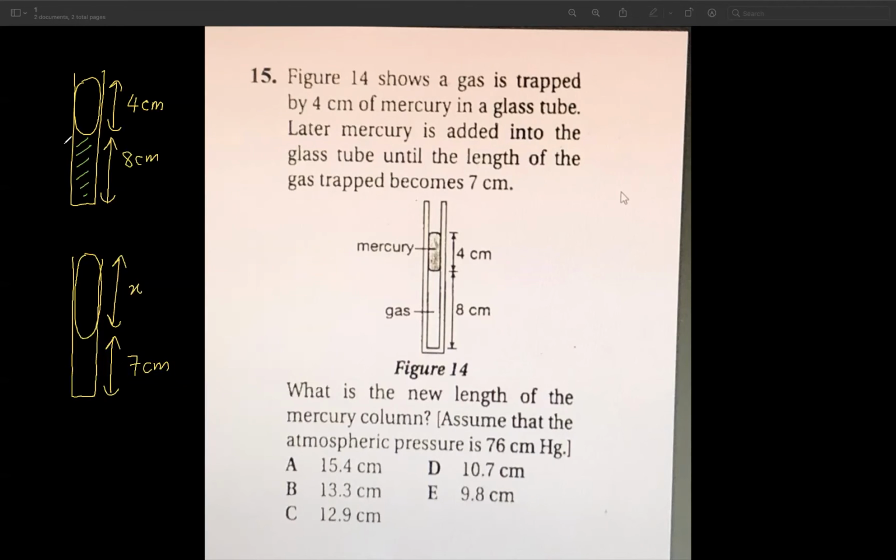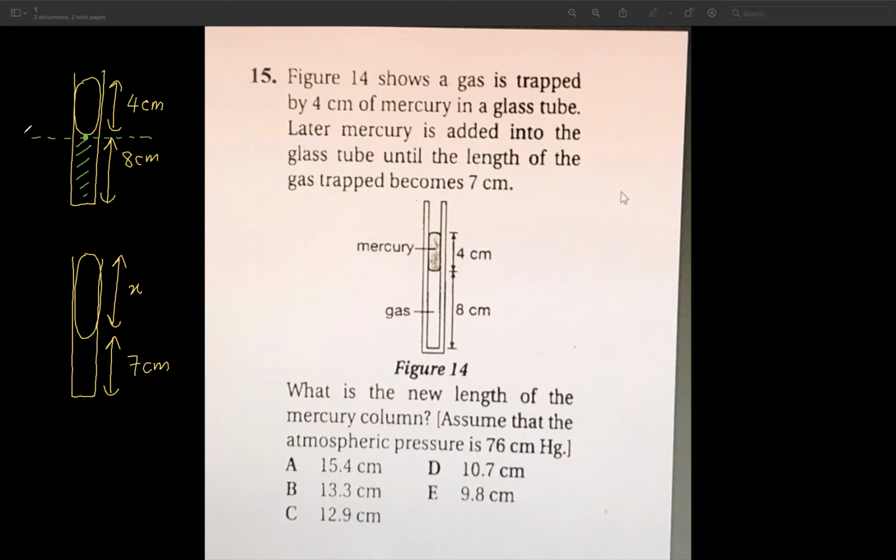If I ask you, what is the pressure acting on the trapped gas? The point directly underneath the mercury column. Here. What is the pressure acting here? It equals to the weight of the mercury and the atmospheric pressure above the mercury column.